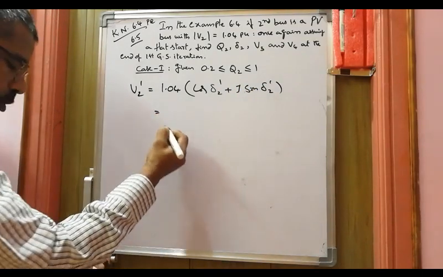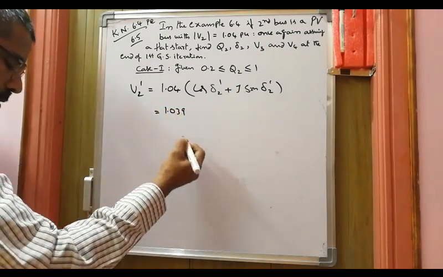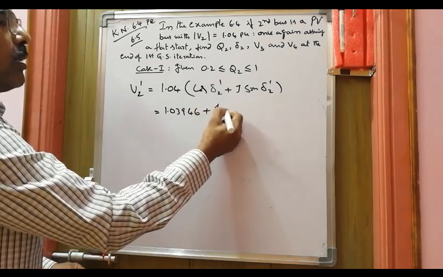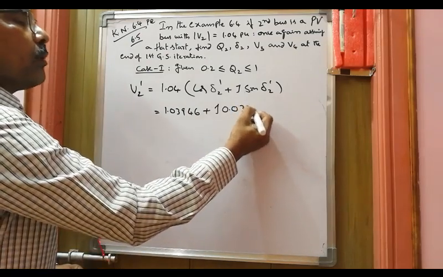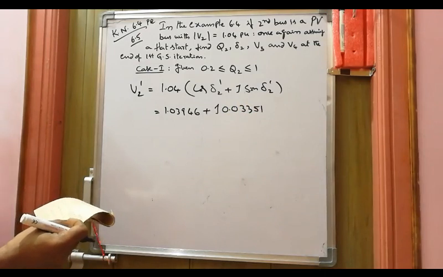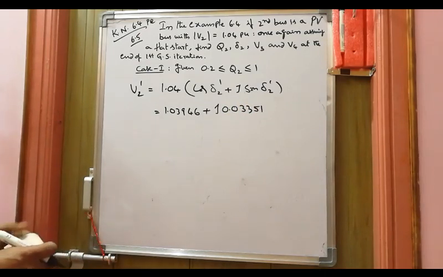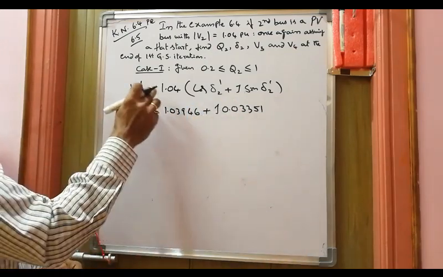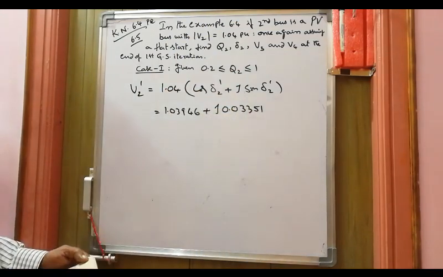So this is going to be 1.03946 plus j 0.03351. So this is the value of V2 with its magnitude and corresponding angle.